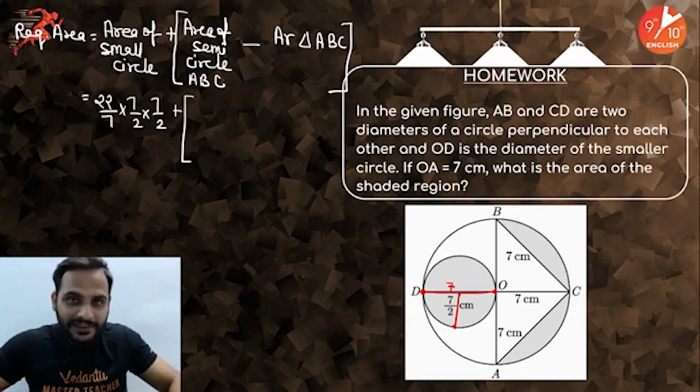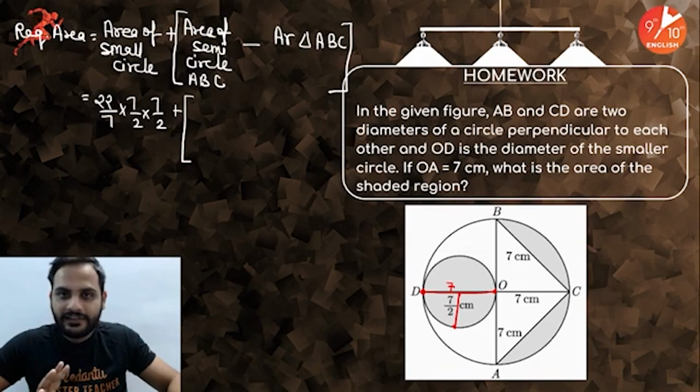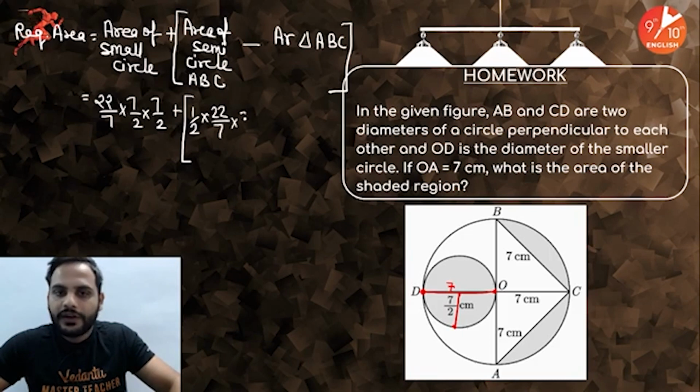Now for the semicircle ABC, I can say the radius is 7, so pi r square by 2, so 1 by 2 into pi into the radius 7 over here, minus the area of this triangle ABC.